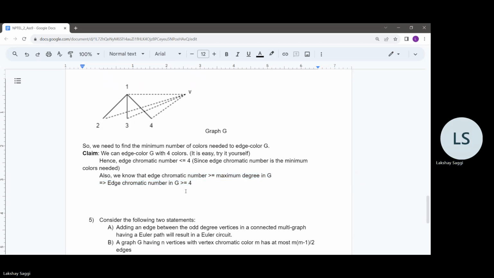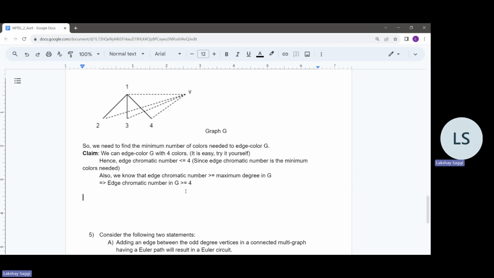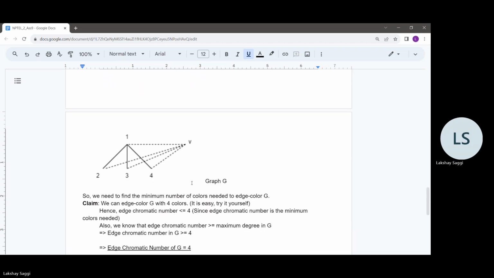So we showed a lower bound of 4 and an upper bound of 4. This implies that the chromatic index of G is equal to 4.